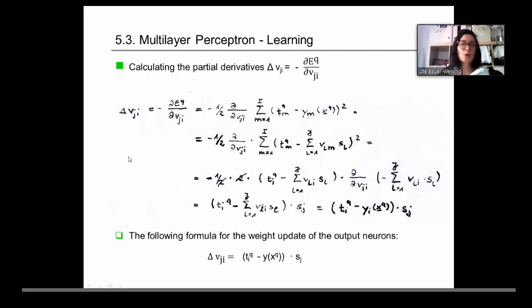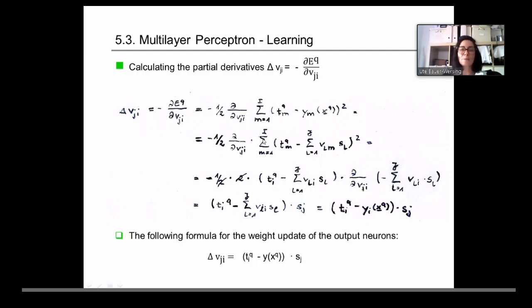The weight update delta Wji is the negative gradient of the error function Eq with respect to Wji, and this is minus 1/2, because this doesn't contain any variable, times the partial derivative of the sum over the output neurons, where we subtract the target value and current output, squared.